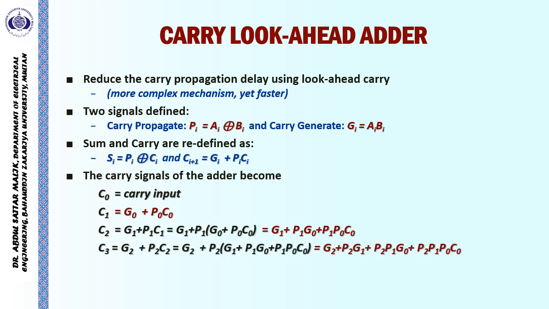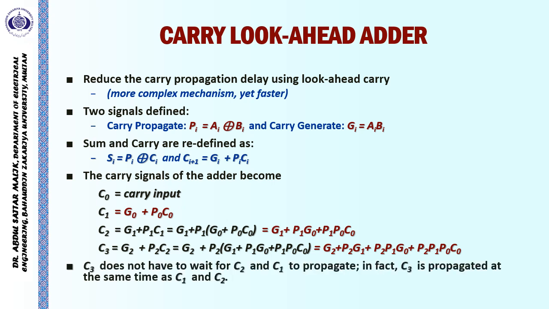Similarly, C3 is equal to G2 plus P2 C2, and if we put in the value of C2 and after a little bit of manipulation, we have the expression for C3 in terms of Gi's and Pi's. So C3 does not have to wait for C2 and C1 to propagate.